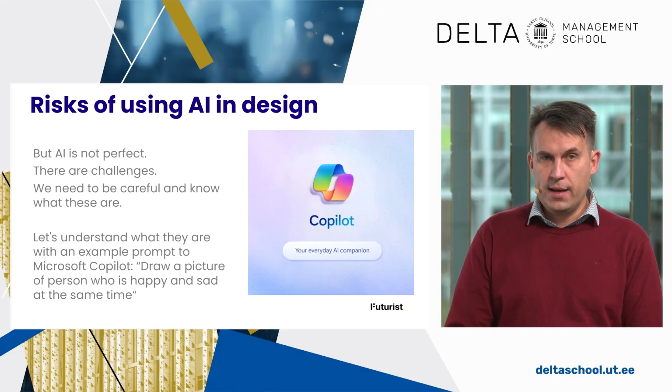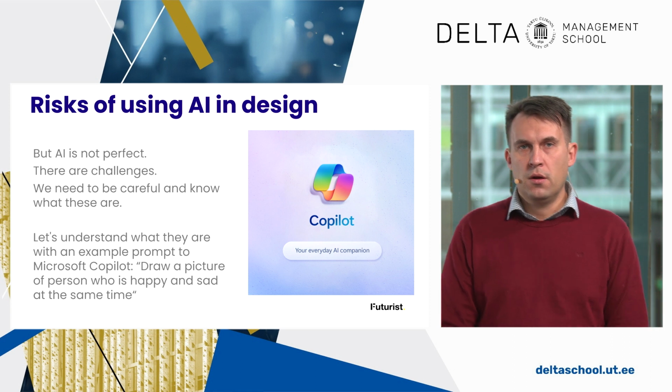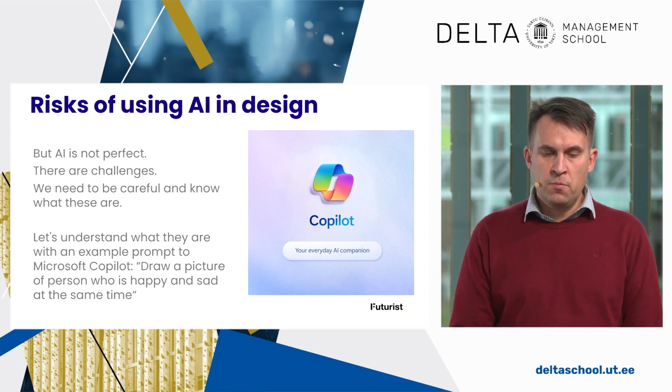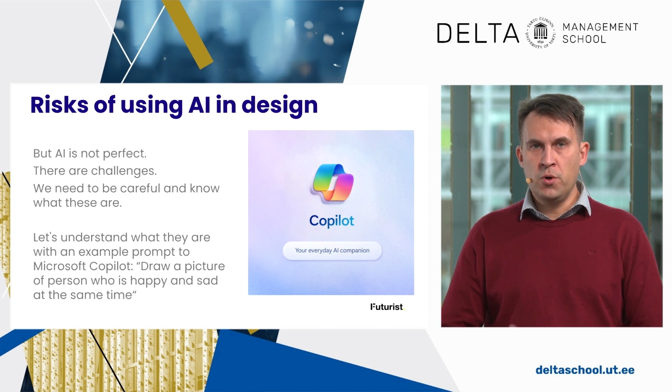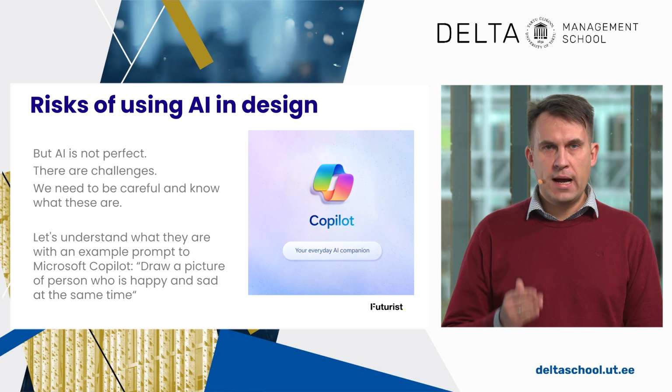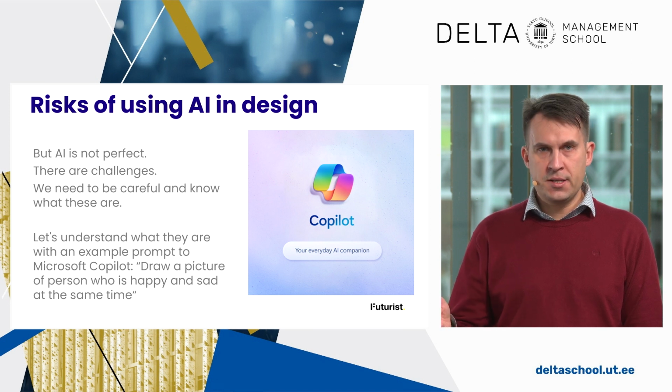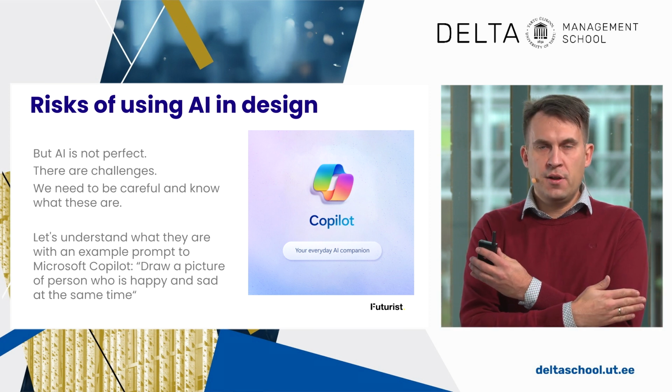So when looking at AI in design, AI is not perfect, like you saw in the previous presentations as well. So we have to be really careful how to use it. For example, if you just give a prompt to Microsoft Copilot to draw a picture of a person who is happy and sad at the same time, and you ask this on different days, you get completely different results.